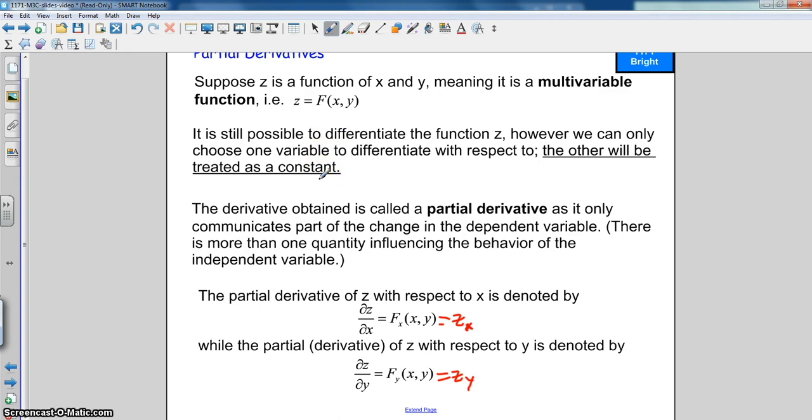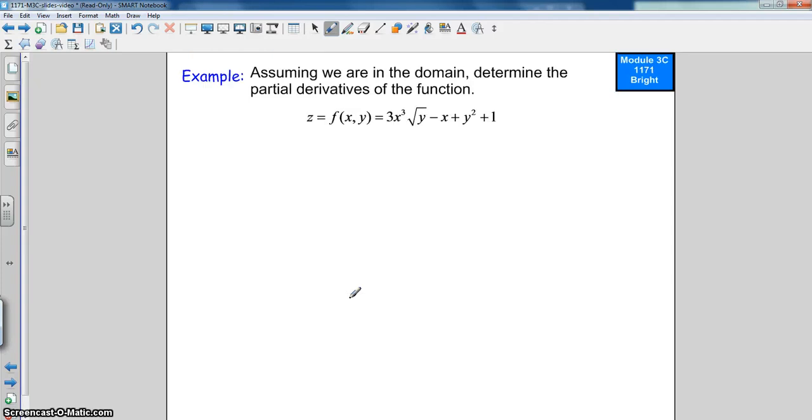Also keep in mind, and you'll see in your professional problem for Module 3, that you can continue to do partial derivatives just as you did higher derivatives back in Module 3b, and essentially the process is the same. But that's more to come on that.